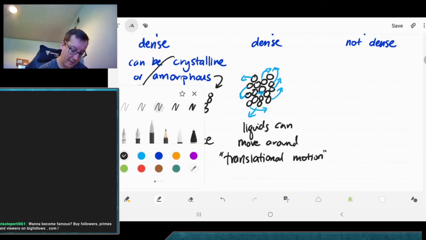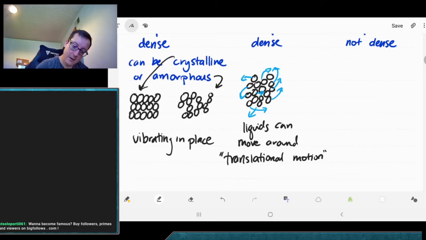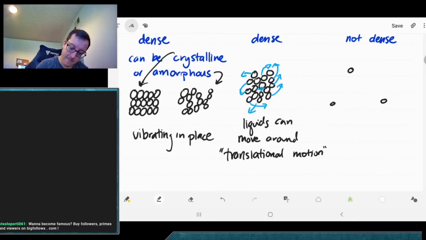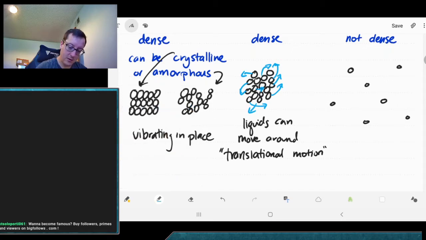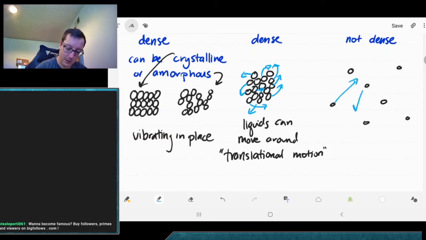And gases, on the other hand, are super spread out, and they are moving very quickly all over the place.